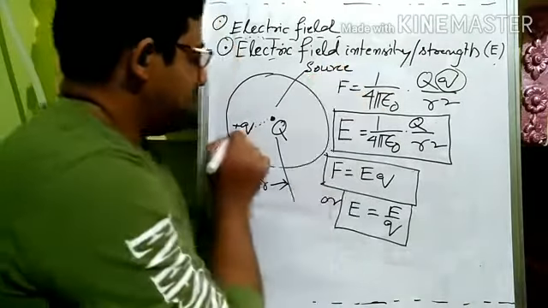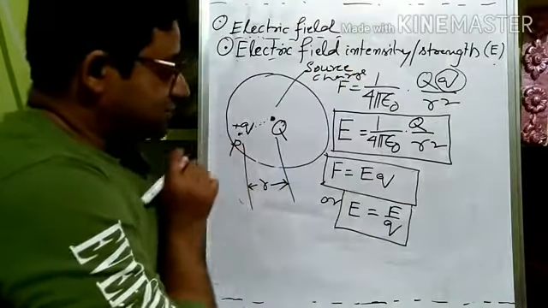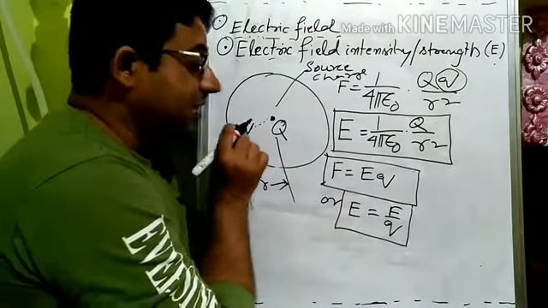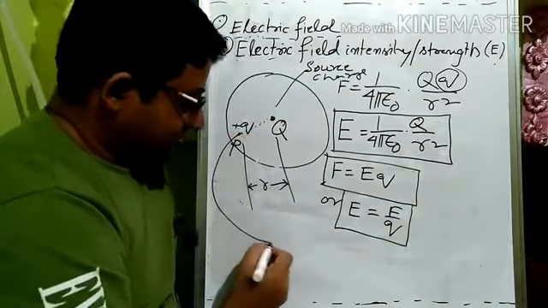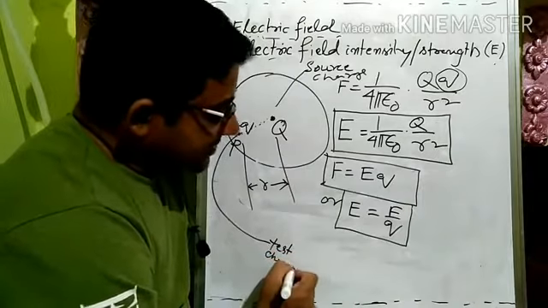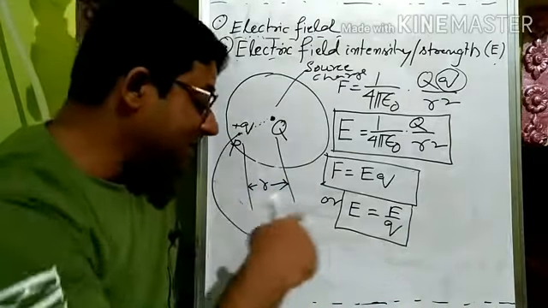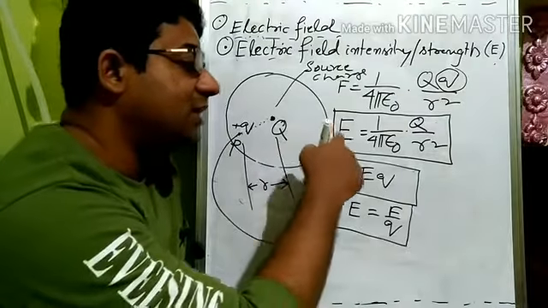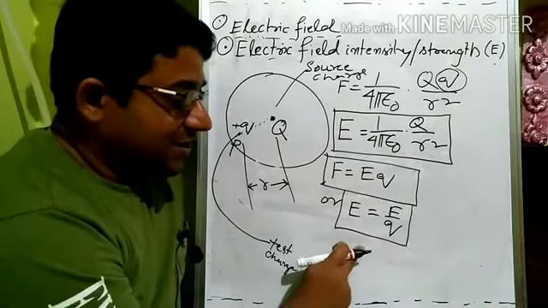And what we are bringing near to it to measure the electric field strength is called test charge. Now I can say that when test charge is a unit positive charge, when test charge is equal to +1, then whatever force is experienced is called electric field strength. Fine. So till here it is clear.